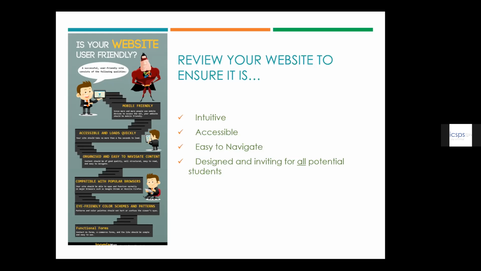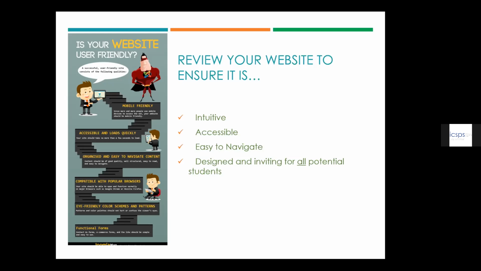So when you're navigating through your website, is it easy to navigate? Are there items set in place that can help for maybe individuals who are colorblind or who have English as a second language? Is there the ability for them to manipulate that text into the language that is their native language that they are comfortable with?